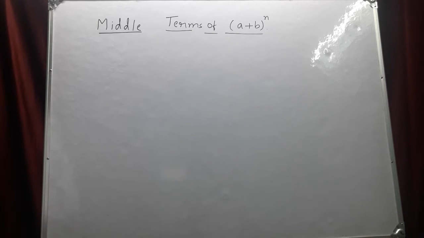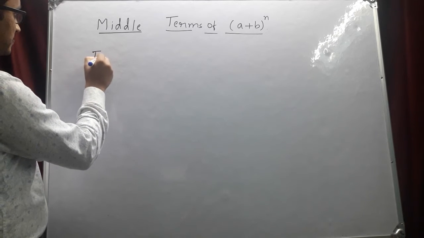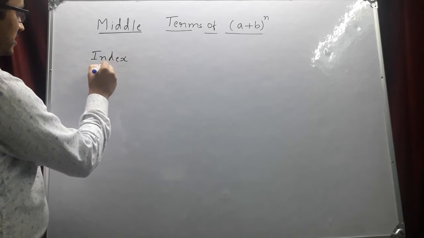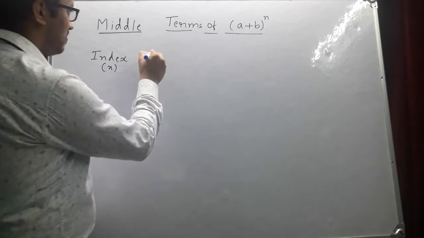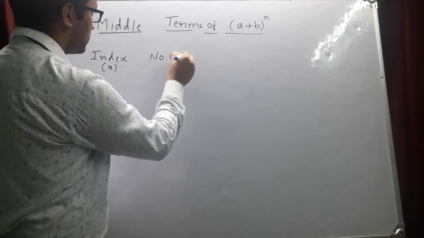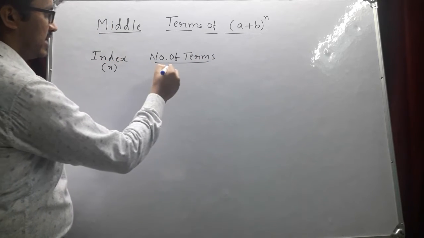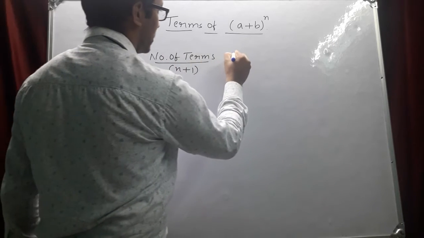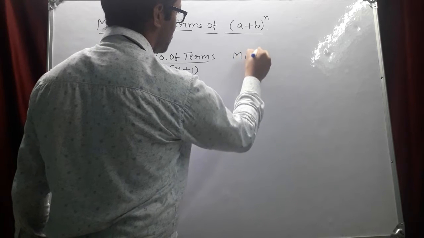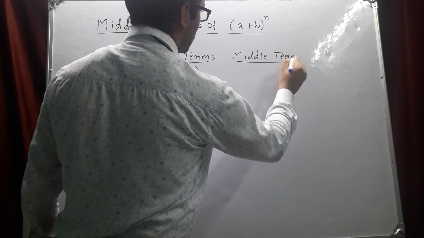Next we will see the middle terms of the binomial expansion (a + b)^n. Suppose the index is general, n. We have seen that the number of terms is n + 1.